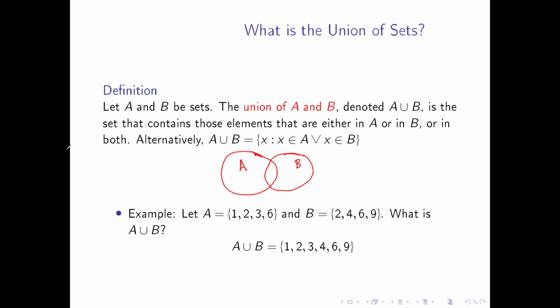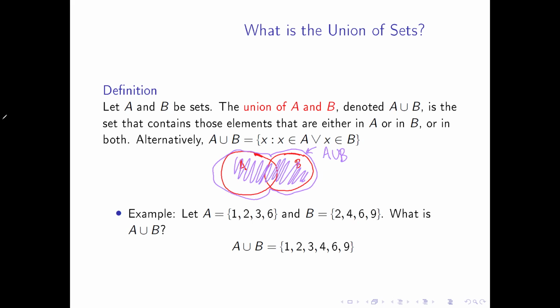With this, the union of these two is going to be the combination of everything that is in them. So this purple would be A union B. Or if I was to color it, I'd color it all the way in. So that is what A union B is: everything in A and everything in B.